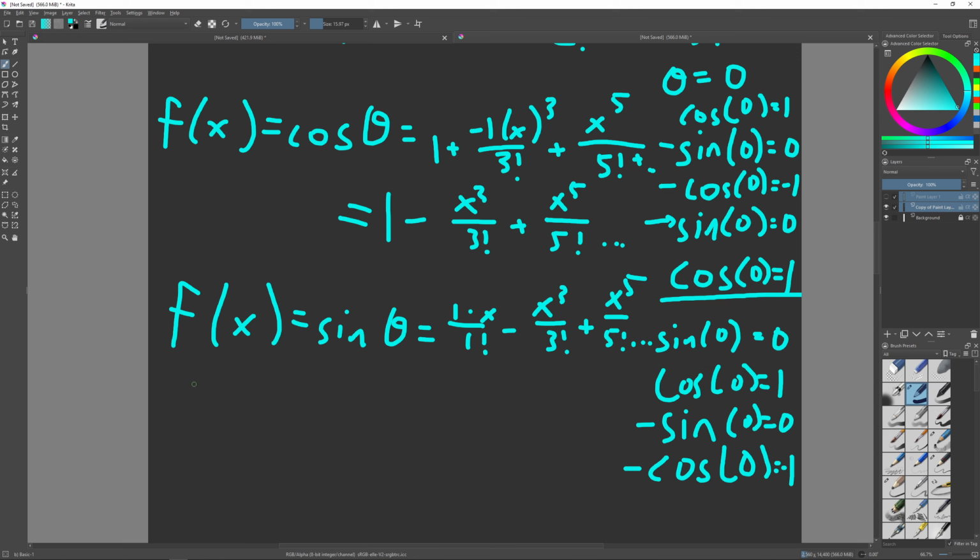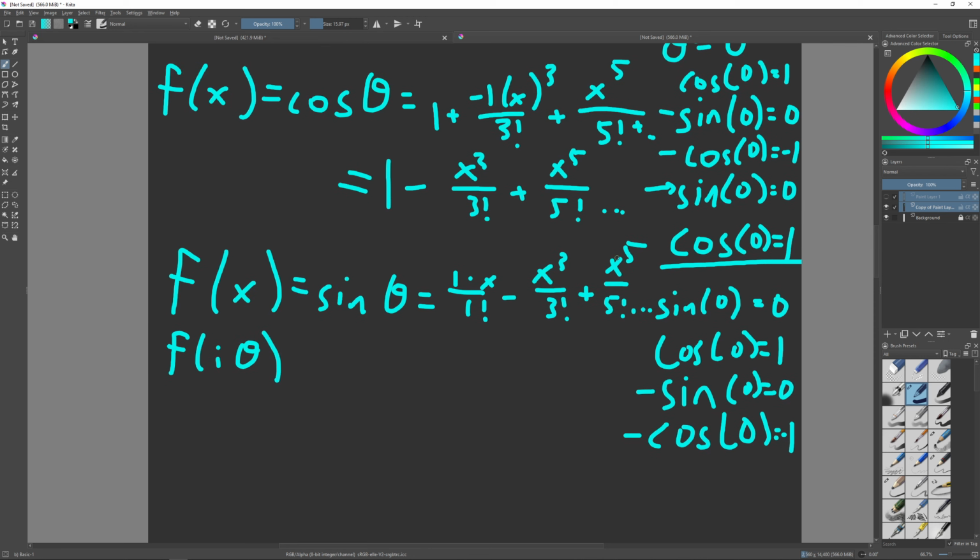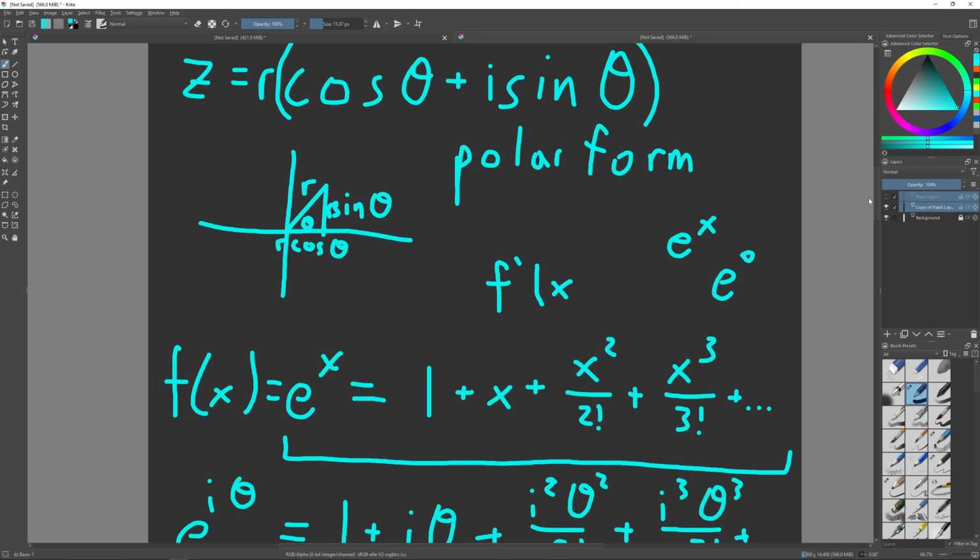Okay. Now, let's try plugging in I theta for these and see what happens. But should we do it only... Is it plug it in or do we multiply it? What's the goal here?